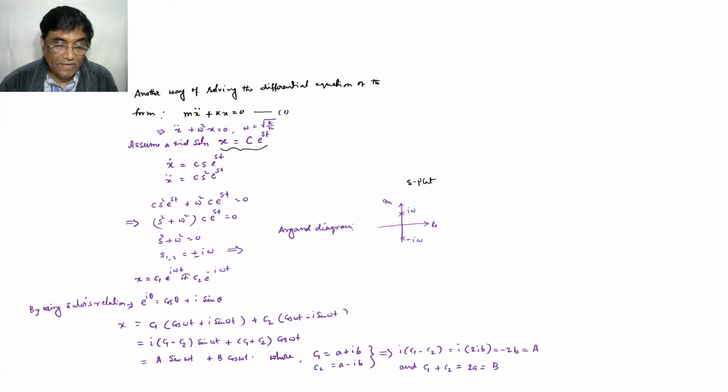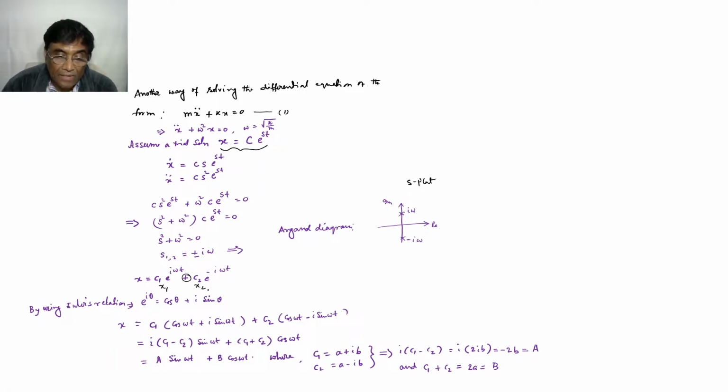Again, it is a very interesting observation why this plus sign is coming, because we are considering a second order linear differential equation. So I am getting a solution for one root, a solution for another root, and the total solution will be x1 plus x2, and they can be added together because we are considering a second order linear differential equation.